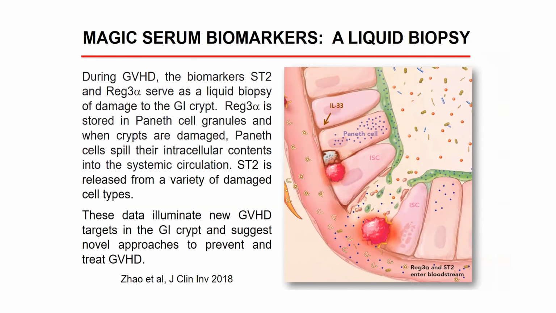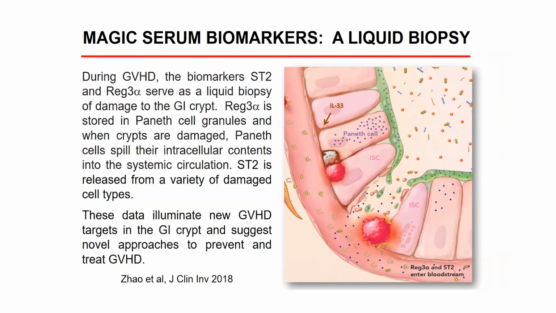To understand the biomarkers in the MAP, I want to spend a little time explaining the biology of what's going on here. We think of these biomarkers as a kind of liquid biopsy.